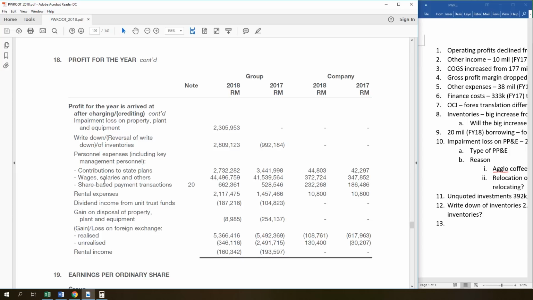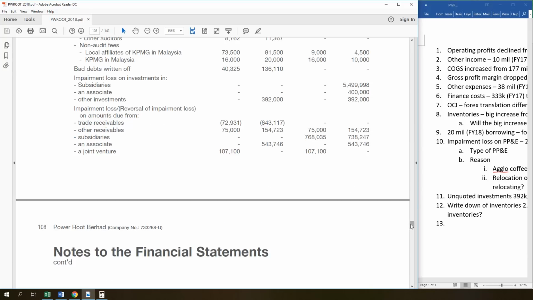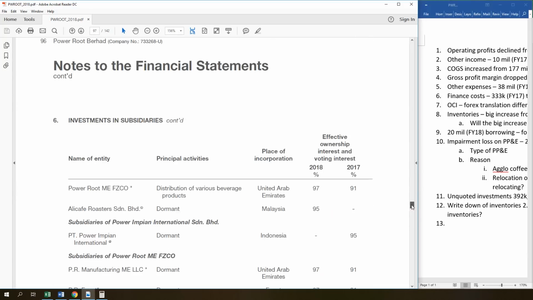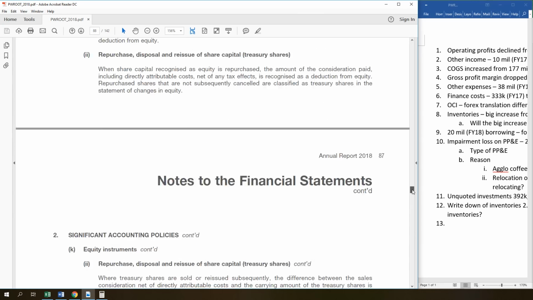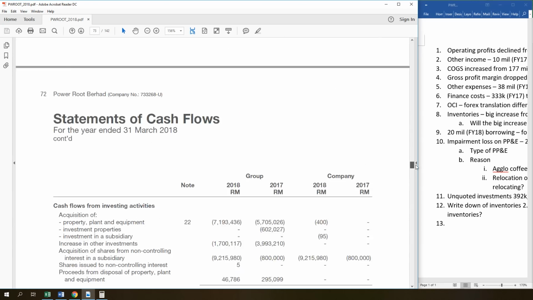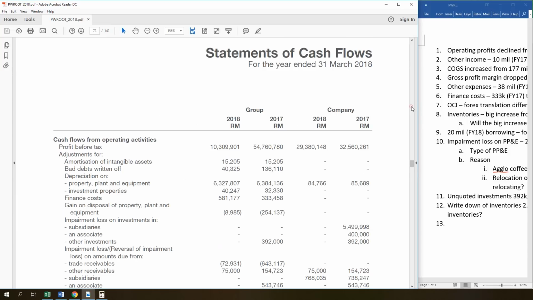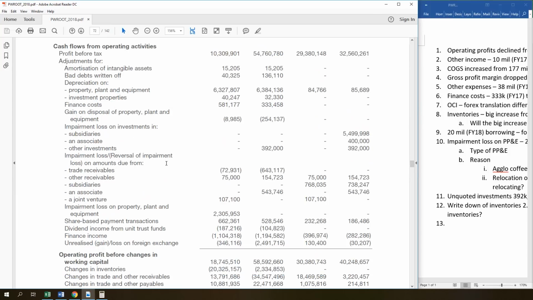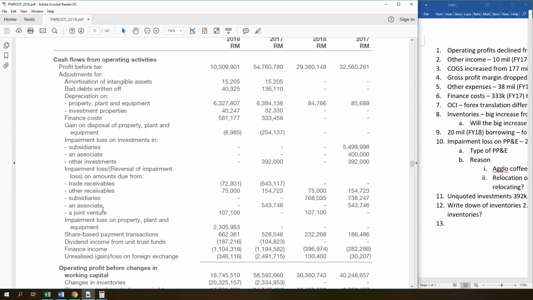Wait. Did I see this in cash flow statement? Let's go back to cash flow statement. It is not in cash flow statement.